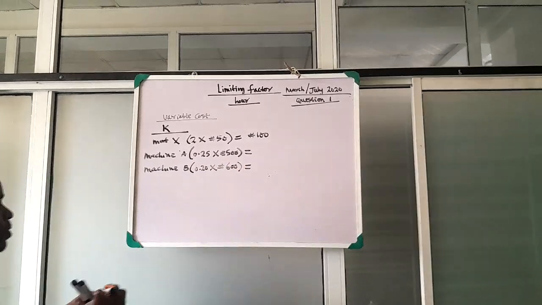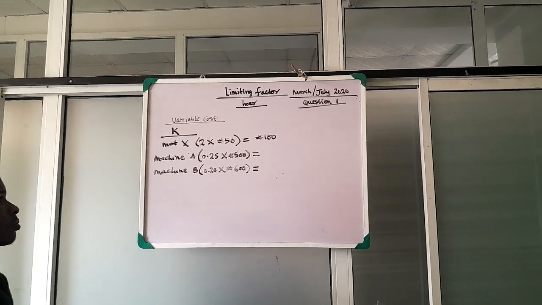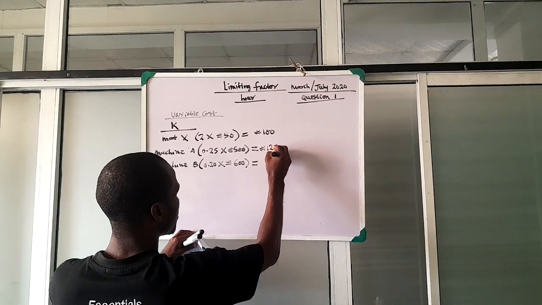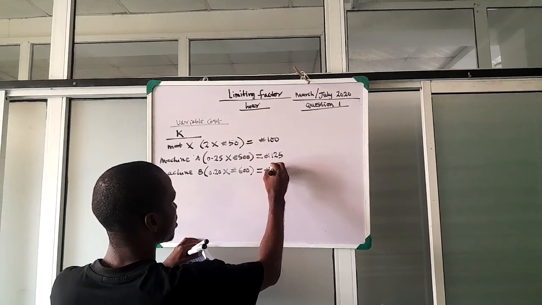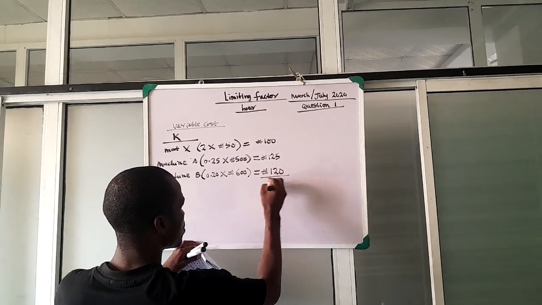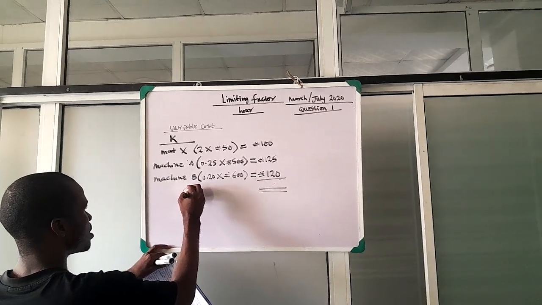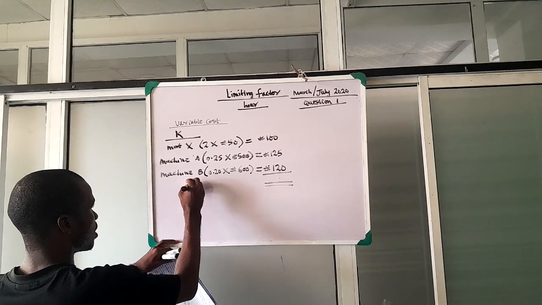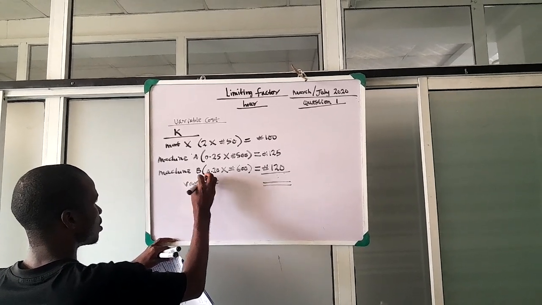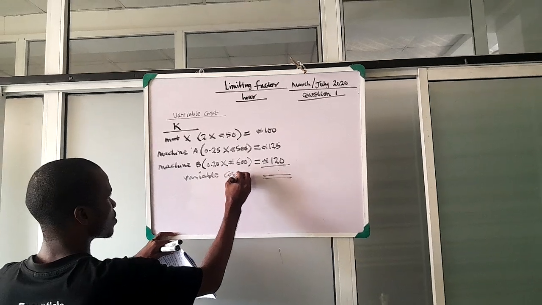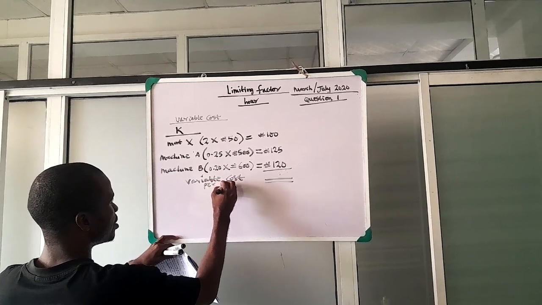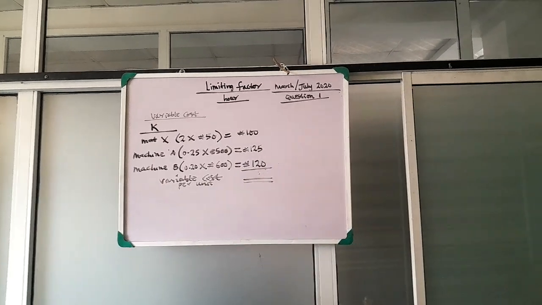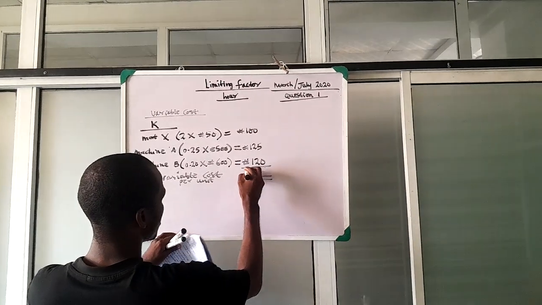So machine line A is 125 naira, and for B it is 120. The total variable cost per unit is 345.